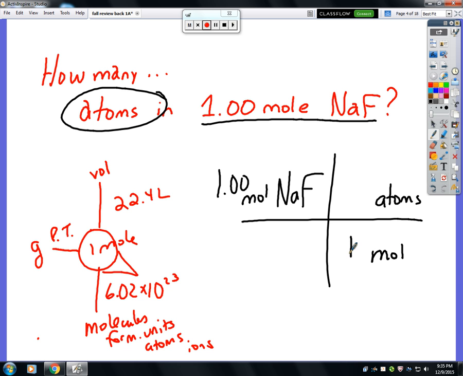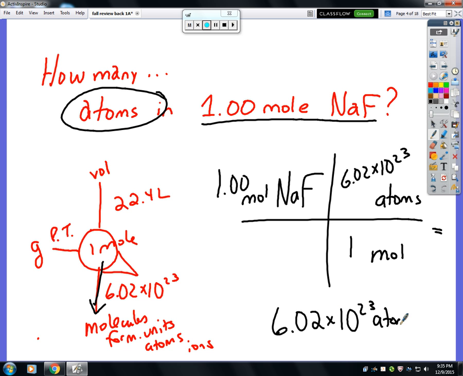And what's true, in 1 mole, I pass by 6.02 times 10 to the 23rd. Remember, you can put this in parentheses if you want to. You don't have to, though, because it's on the bottom. All right? Now, when I do my math, I actually have just 6.02 times 10 to the 23rd atoms of NaF.